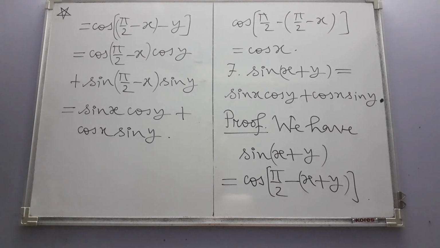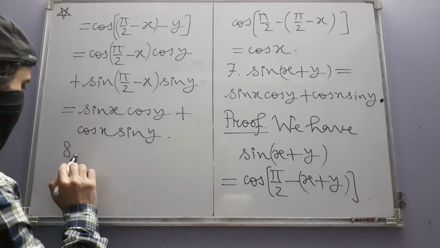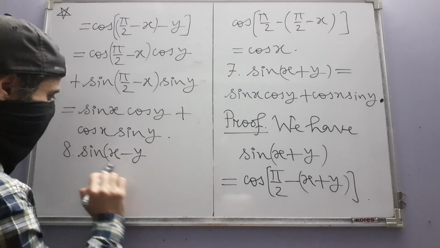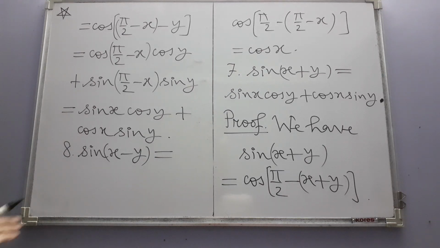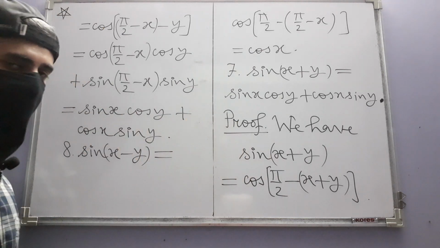And once you have this, you can consider the difference also. For establishing this formula, you do not even have to do all these things. You can use this seventh one immediately.